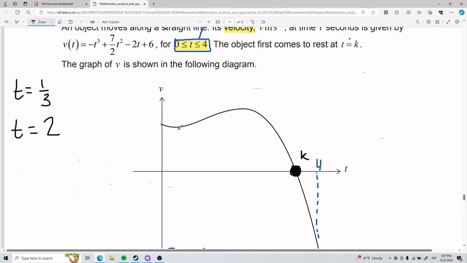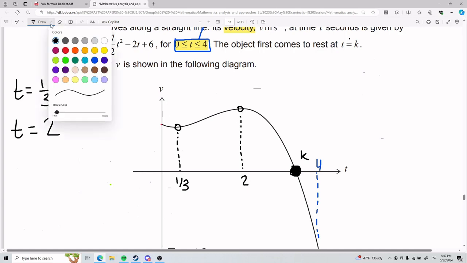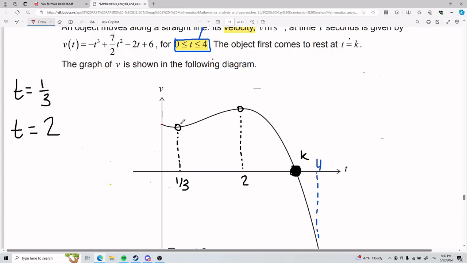We'll only focus on speed increasing. And so here we said we had a minimum at 1/3 and a maximum at 2. And so immediately you can say there is a speed increasing here. So one of your intervals is going to be this one, right?